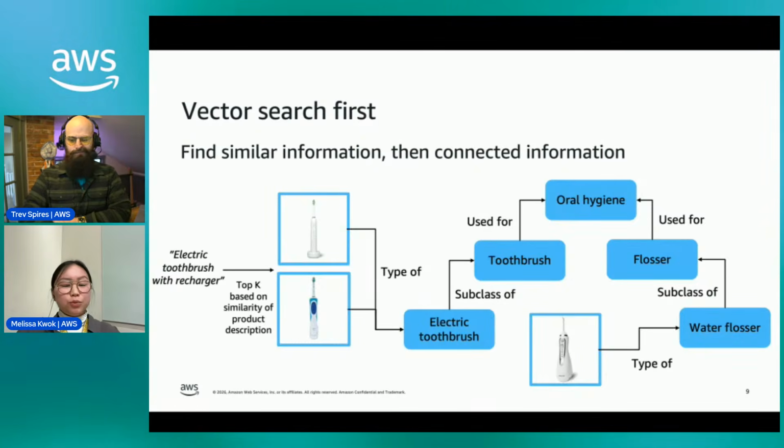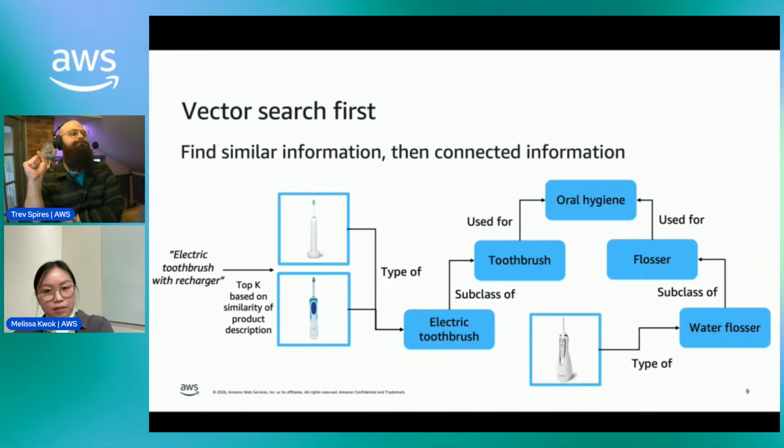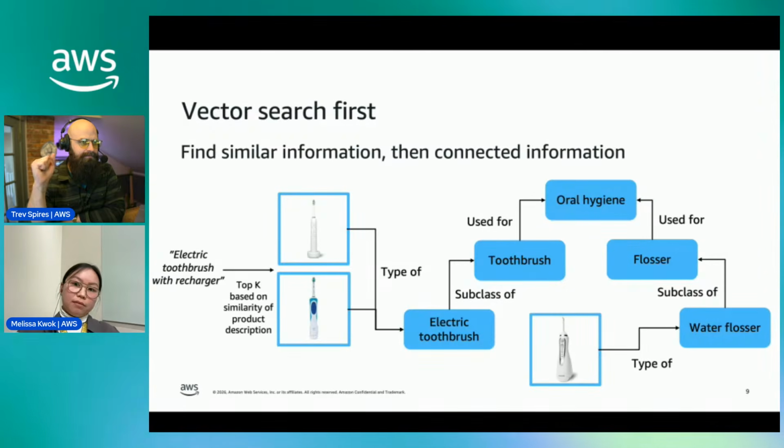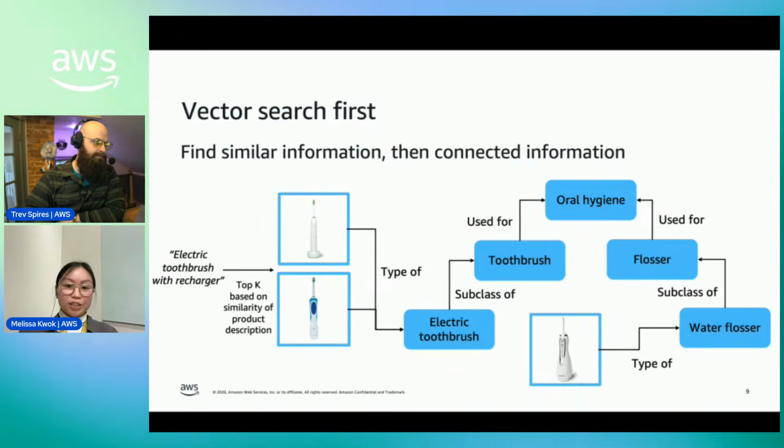And toothbrushes, we know, are used for oral hygiene, and it turns out there are a lot of other tools that can be used for oral hygiene. So we can traverse down that bottom right subgraph to find what other products might be complementary to the product we just recommended through semantic similarity search and they put into their cart.